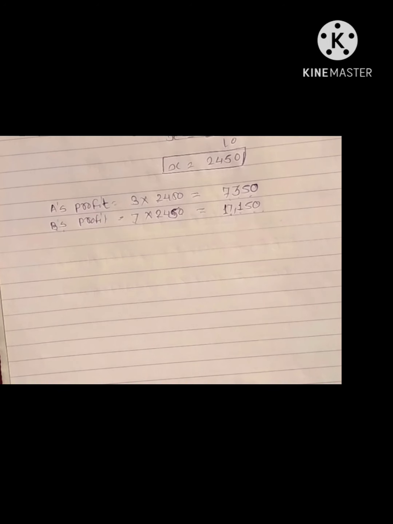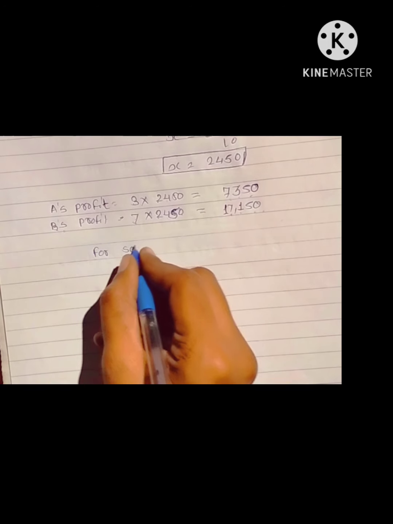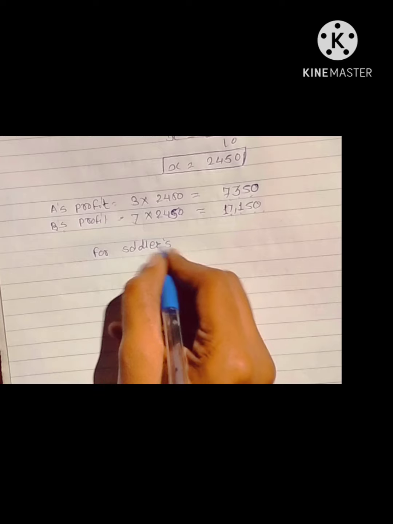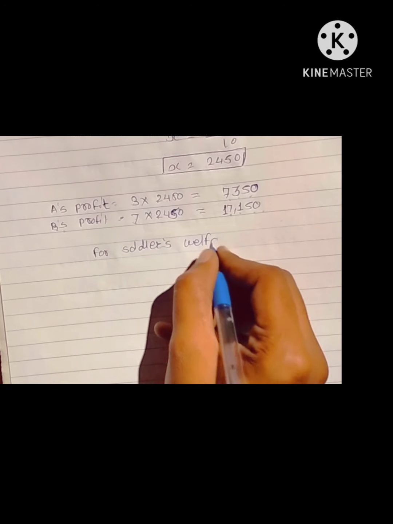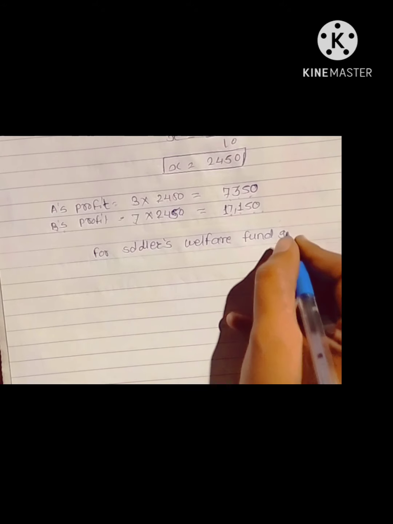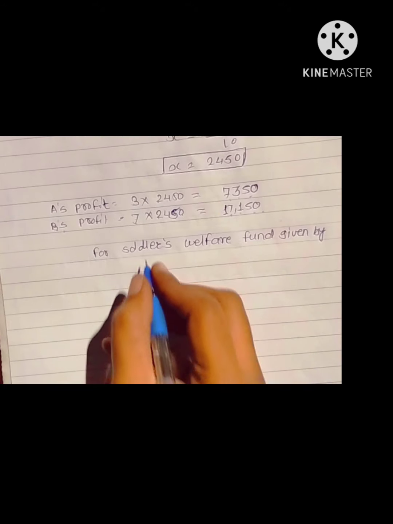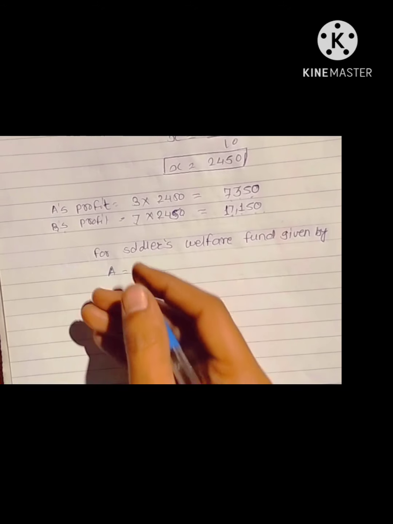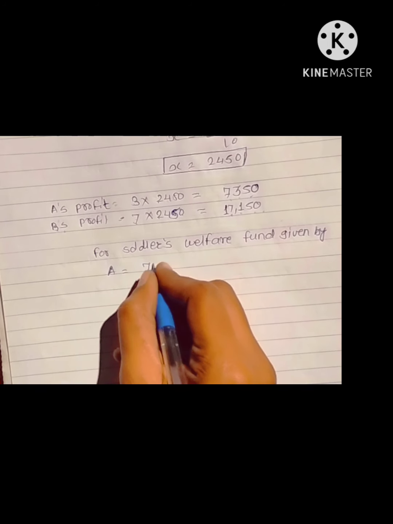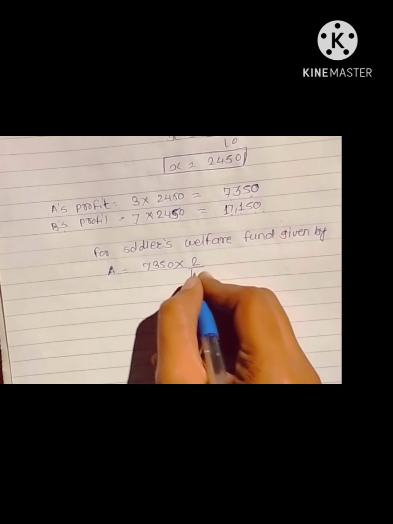Now the second condition is given here, to find the soldiers' welfare fund amount. So the soldiers' welfare fund amount given by A is equal to total profit into 2%, which means 7,350 into 2 upon 100.